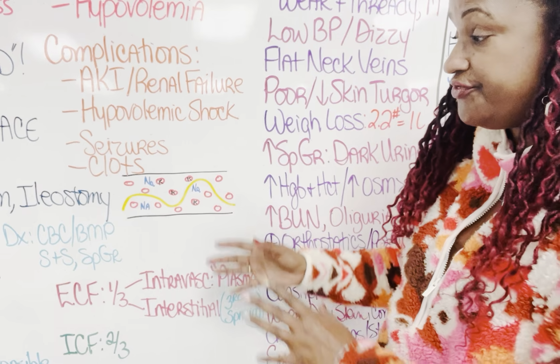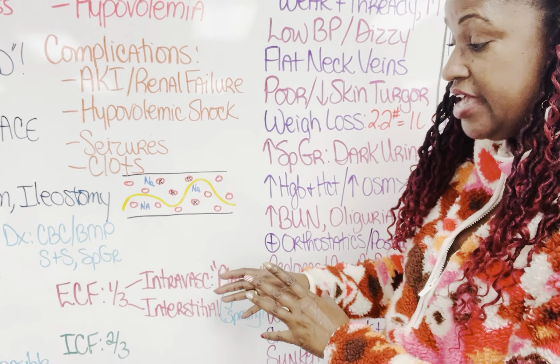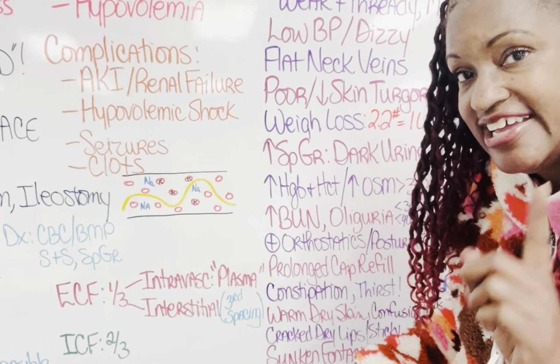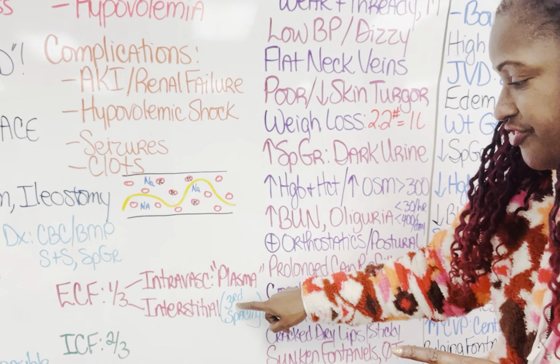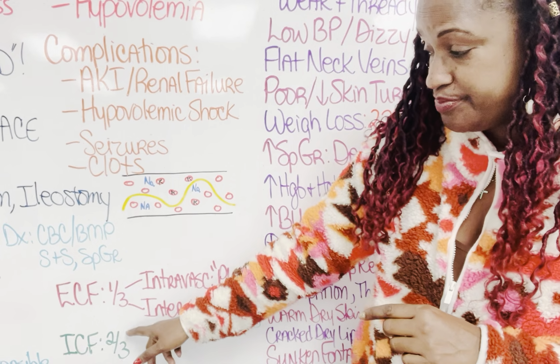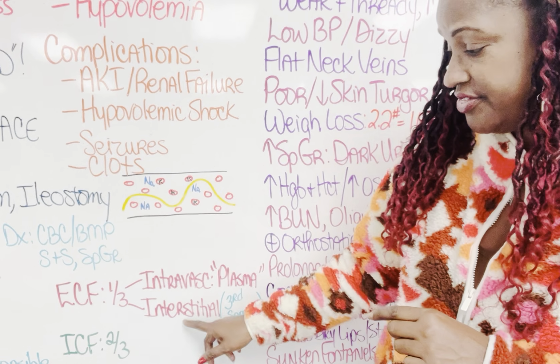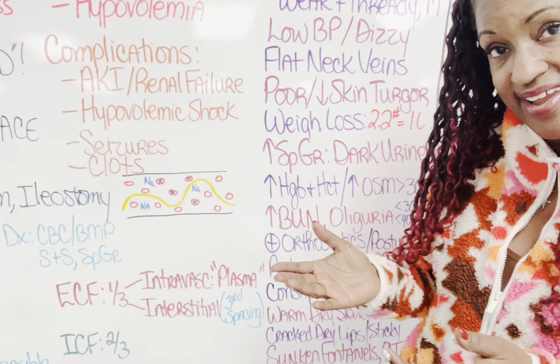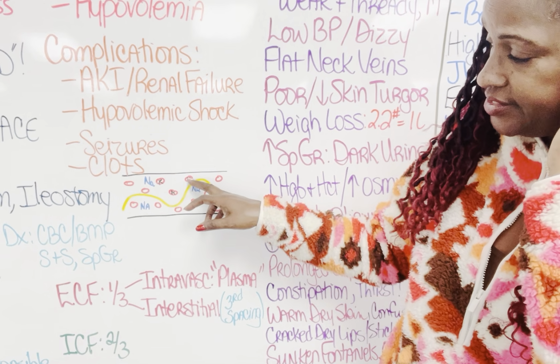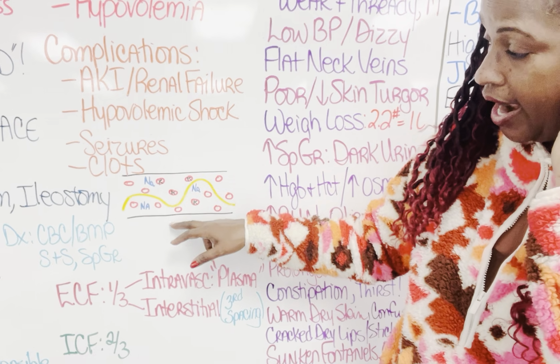Now, if the fluid is in the interstitial spaces, that's called edema, or third spacing, because the first space, the second space, the third space. Okay? So third spacing. Either you were in the cell, outside the cell, or outside the vessel.